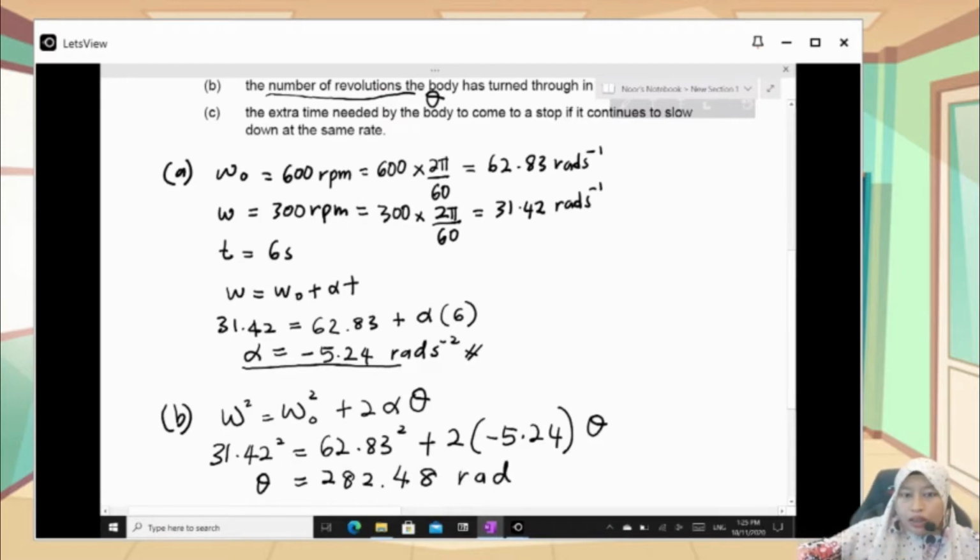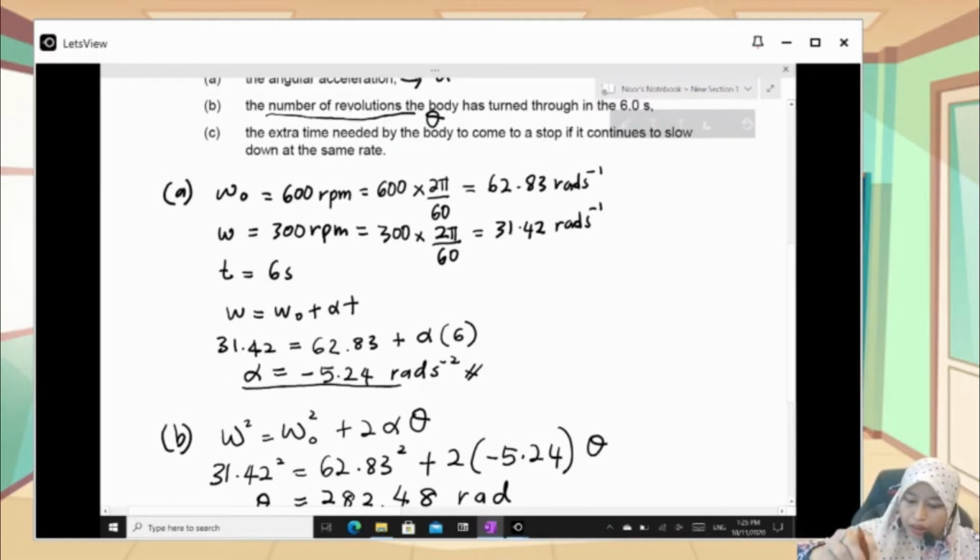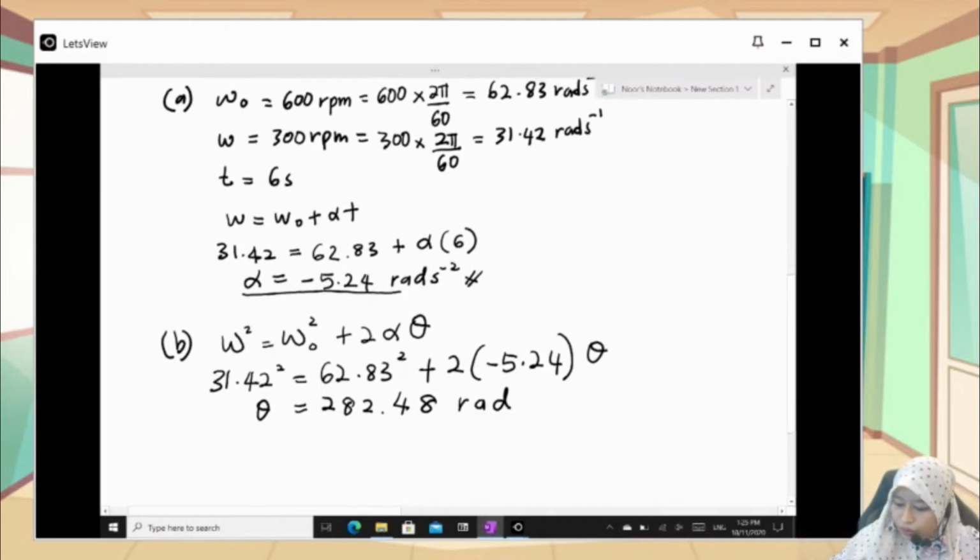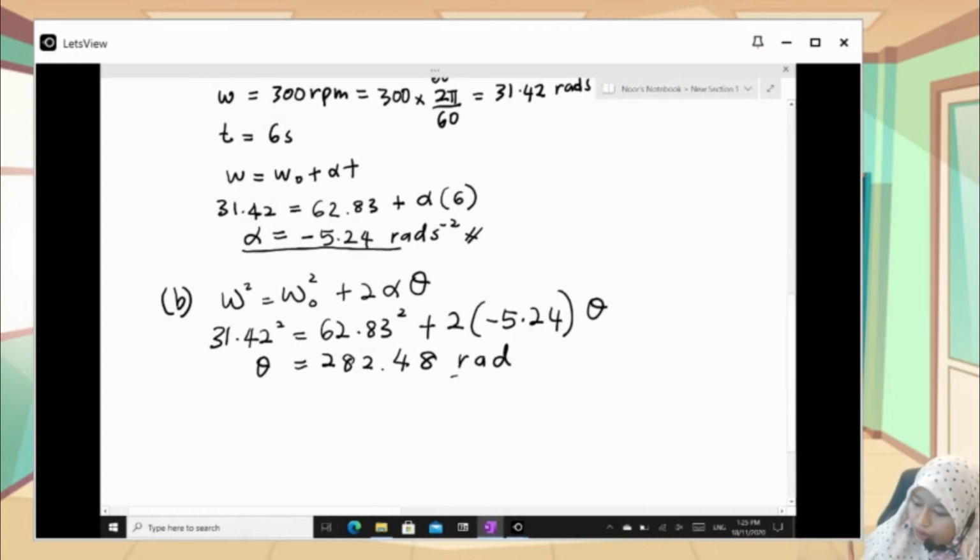The question wants it to be in revolution. Okay, so we need to change this unit radian to revolution. So we know that 1 revolution equals to 2 pi radian. So in order to change radian to revolution, we need to divide by 2 pi.